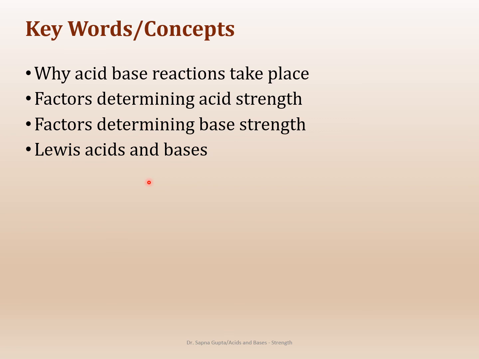And finally, you should know a little bit about Lewis acids and bases. Lewis acids and bases are very different. They are sometimes easier to recognize because you look for lone pairs and you look for anions and cations to see if something is a Lewis acid or base. Again, very fundamental things in this presentation, so try to learn it all as much as possible.